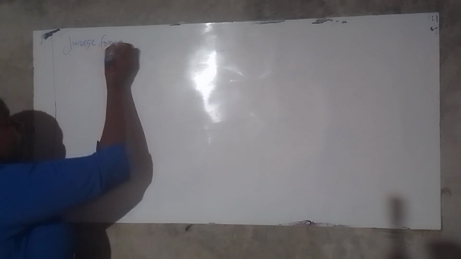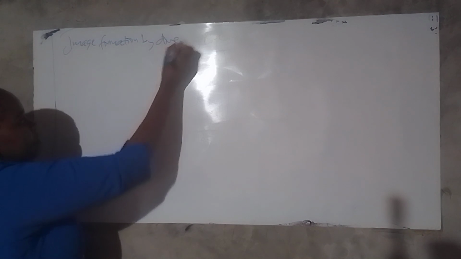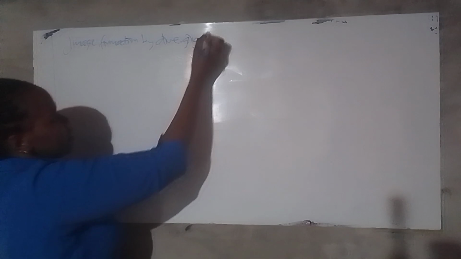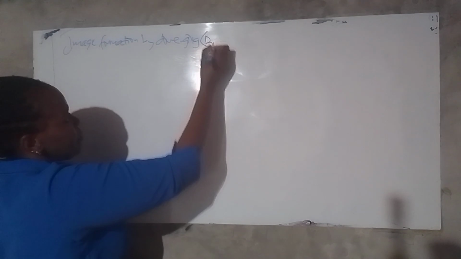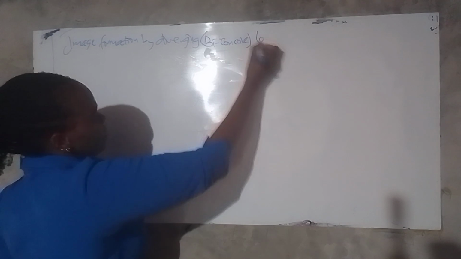So let's look at image formation by diverging lenses, which are also called concave lenses. Okay. Now we're going to draw the setup.